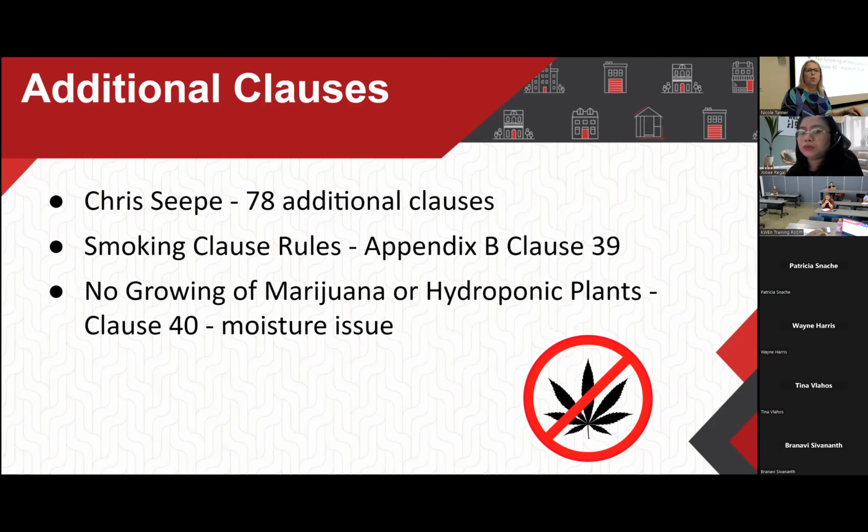I'm going to go over them, but the biggest ones are clause 39, the no smoking rules, and clause 40, which covers growing marijuana or hydroponic plants, because of the moisture issue and the smell that bothers other tenants. That's one we definitely cover.